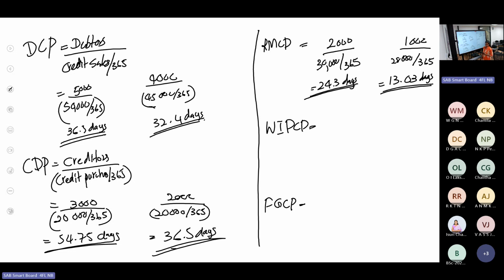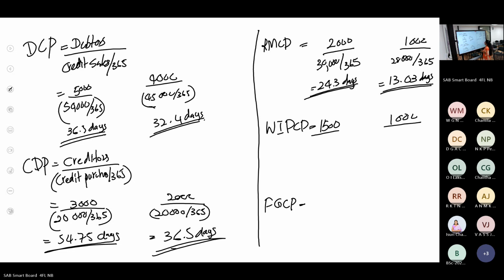Work in progress conversion period: we have work in progress inventory 1,005 and the other one 1,000 for 2024. We identify the work in progress conversion period by dividing by the cost of production.